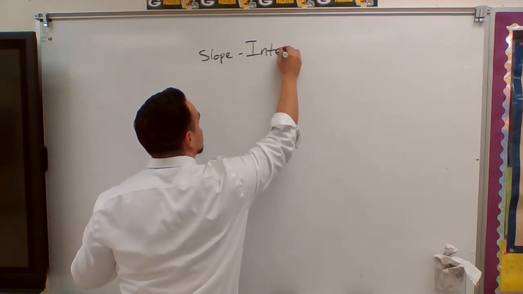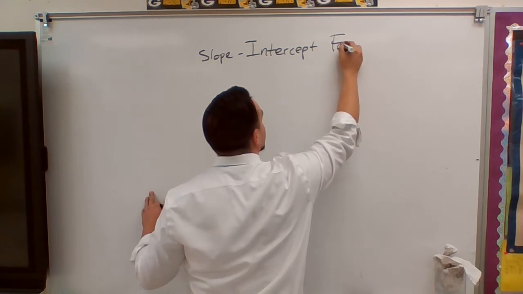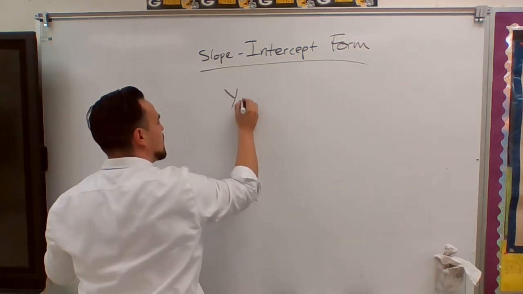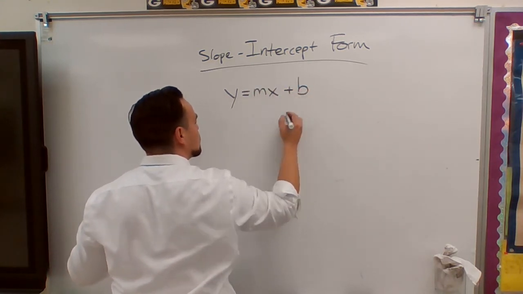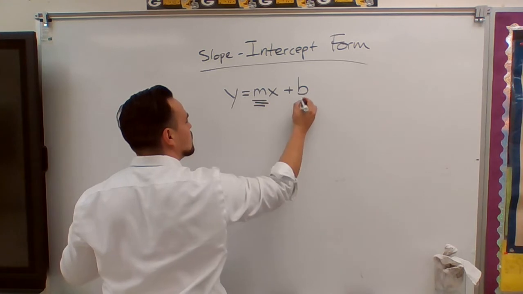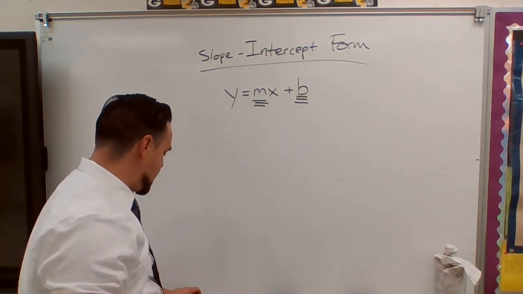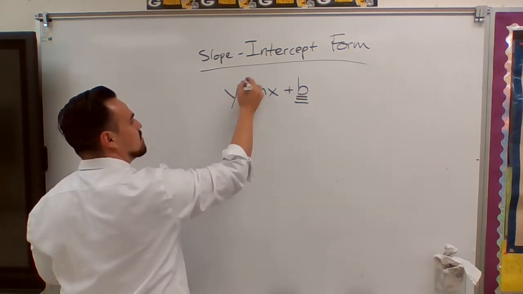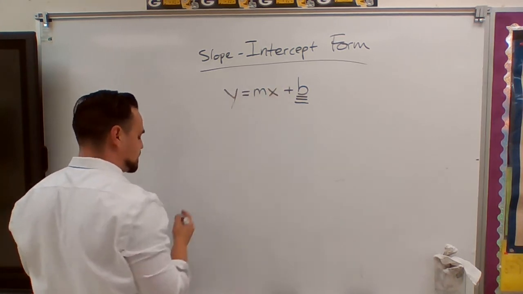slope-intercept form, which is y equals mx plus b, where m and b tell us something very specific. Now, remember, this y and this x, they are our variables.